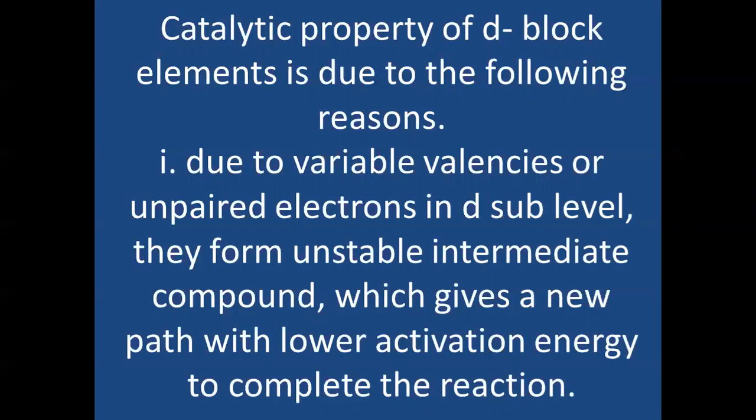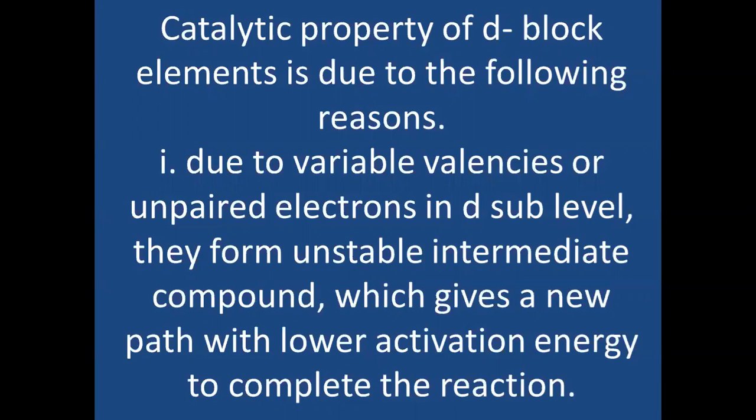Number one, due to variable valencies or unpaired electrons in the d sublevel. Due to variable valencies: in the last lesson or session, we discussed the variable valencies of d block elements.